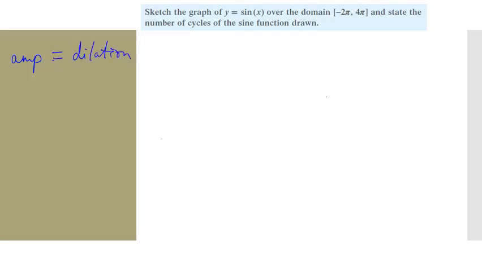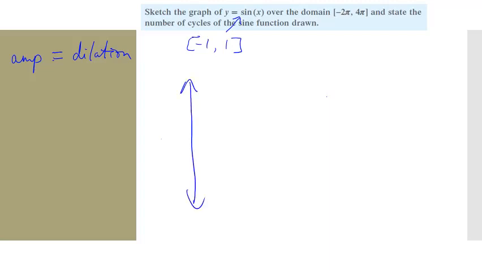In other words, whatever's in the front tells you what the amplitude is. If it's a 1, then it will go between -1 and 1. If you have 2, then it will go between -2 and 2. 3, -3 and 3. Fairly straightforward. Then you just have to add the vertical shift, and then you have your full graph.